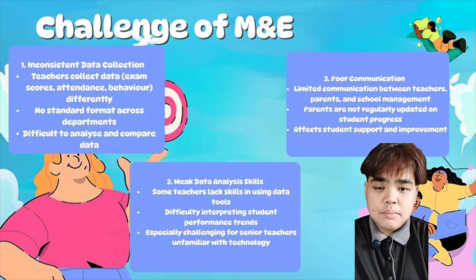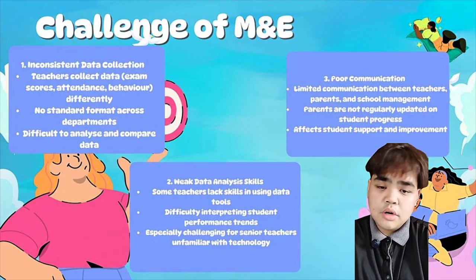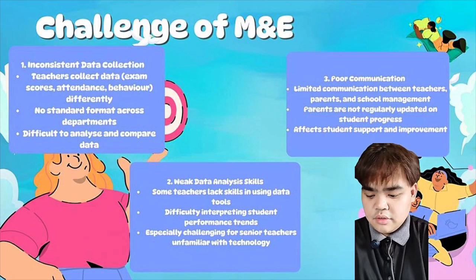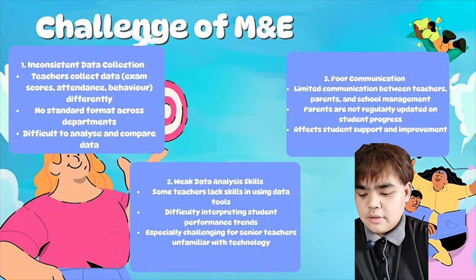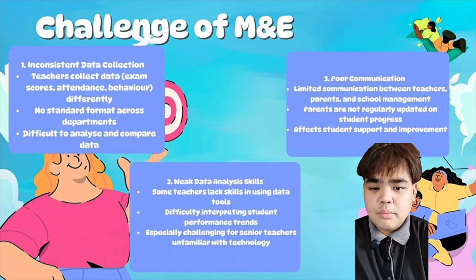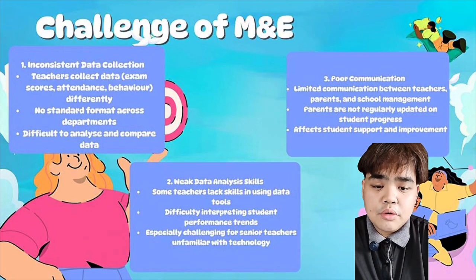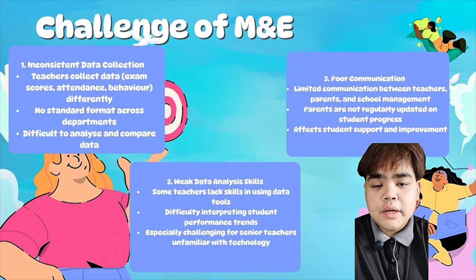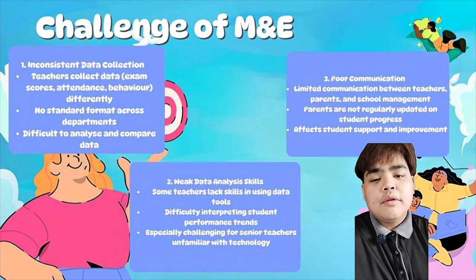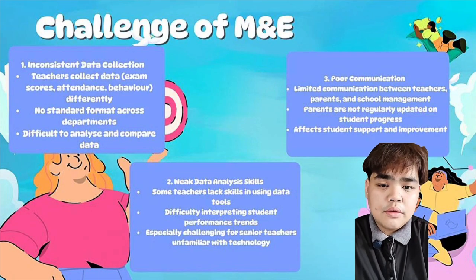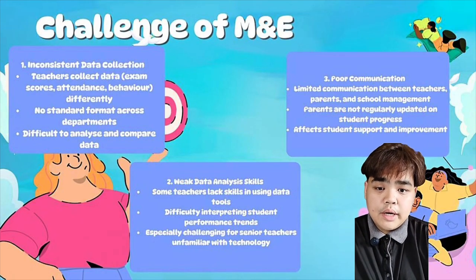Now we enter the third and last point of the challenges, which is poor communication between teachers, parents, and school management. This problem causes a lot of trouble for the teacher and also the student, because the student cannot know their growth, and even if they know it, it will be hard if the parents don't know. When the parents don't know, they don't know what they need to do to help their children improve more academically.